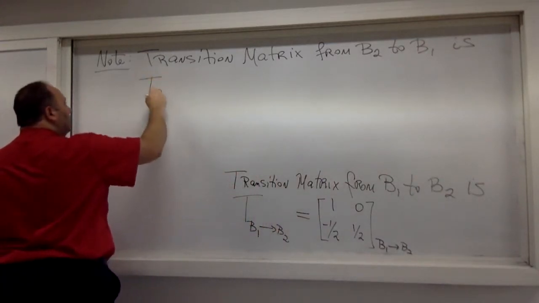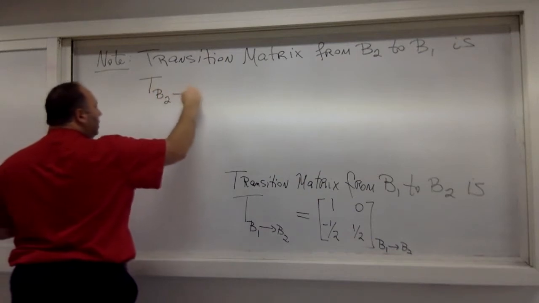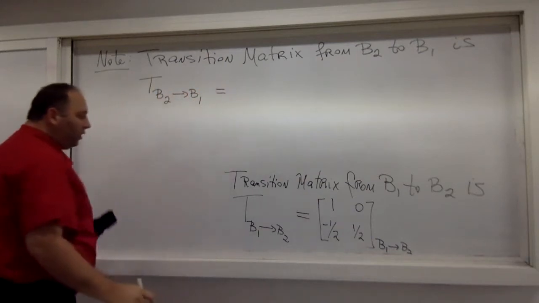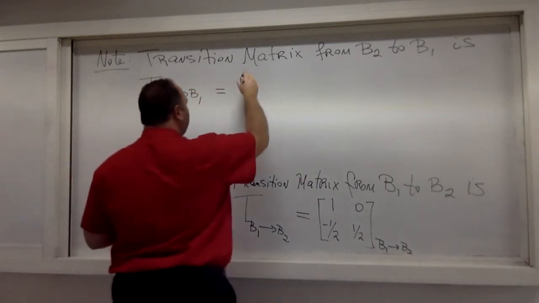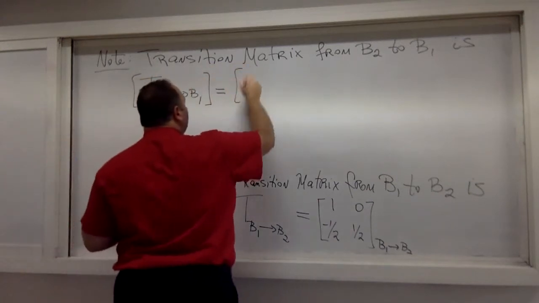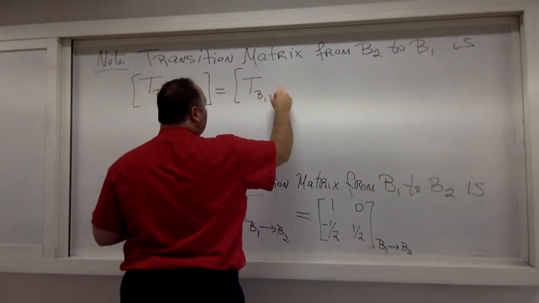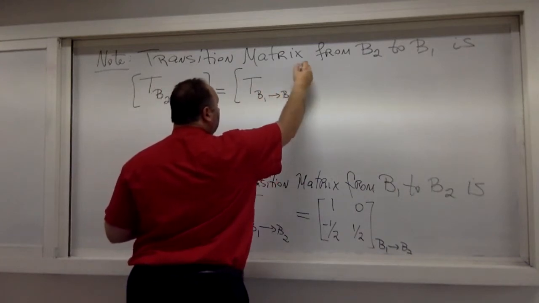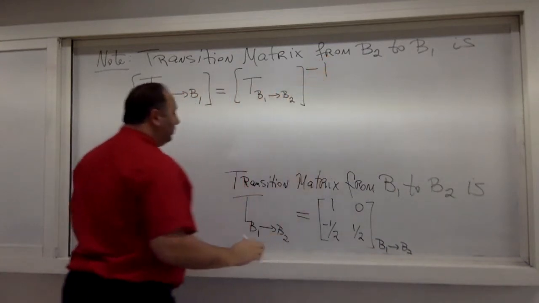So the transition matrix from B2 to B1 is actually the inverse of this guy. I'm going to write it schematically. You put the brackets. So the inverse.